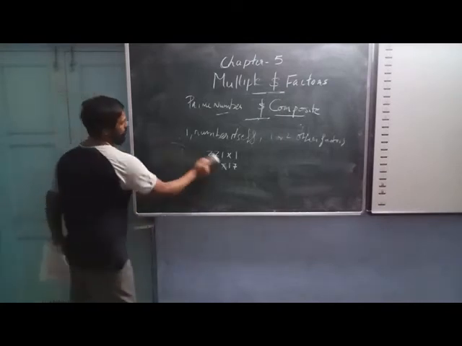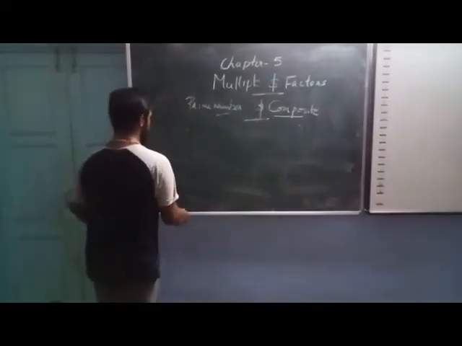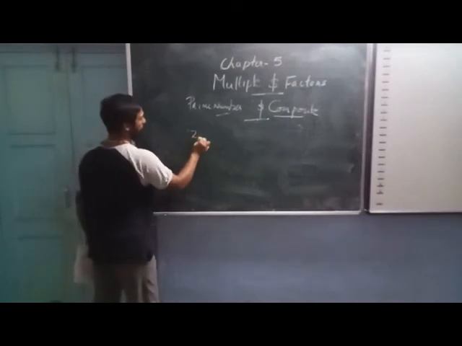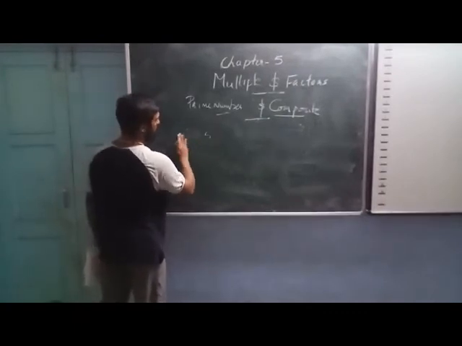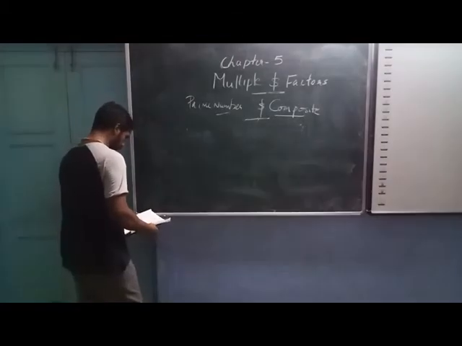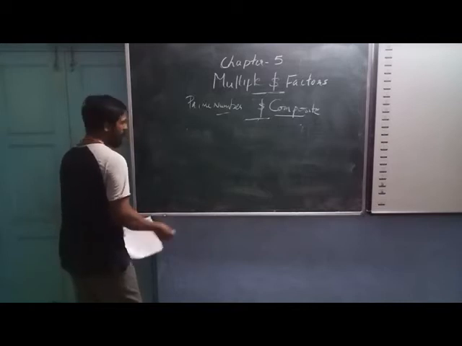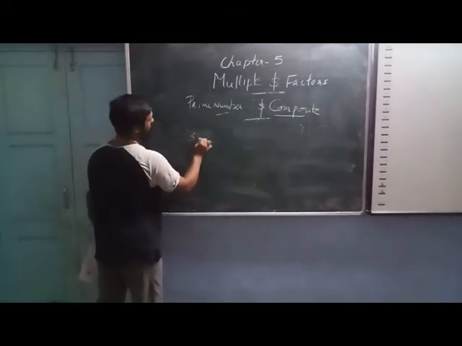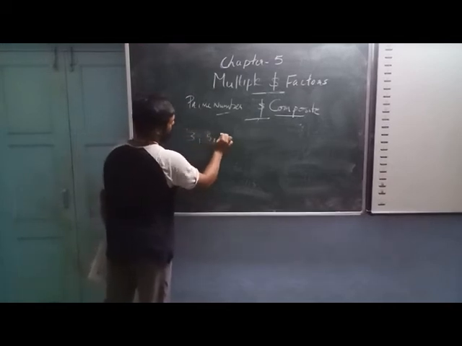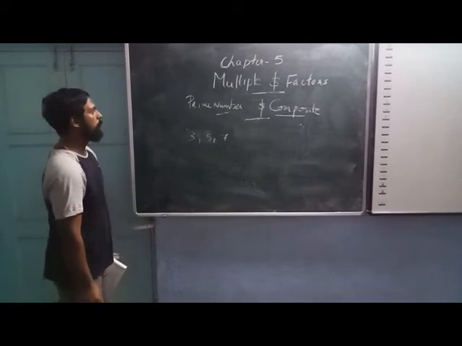You might have seen in the prime numbers, for example, let us take 3, 5, 7. You see? These three numbers are all prime numbers.